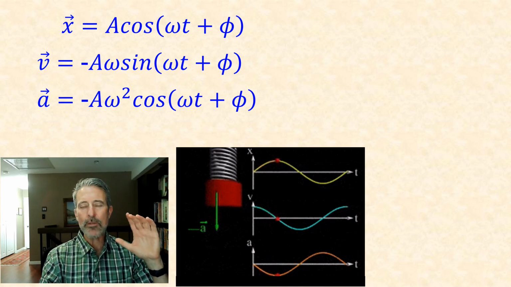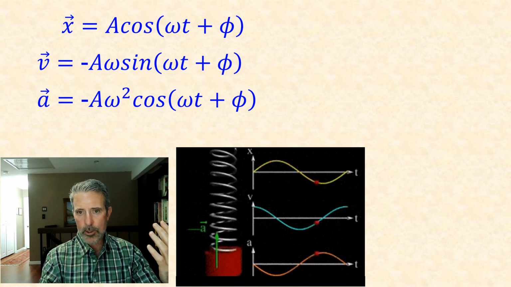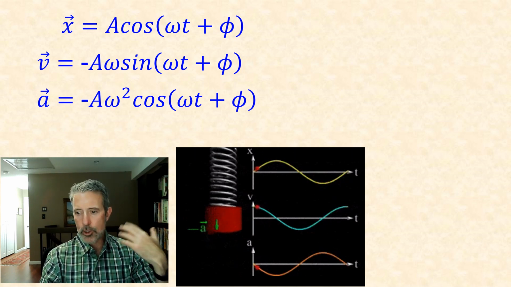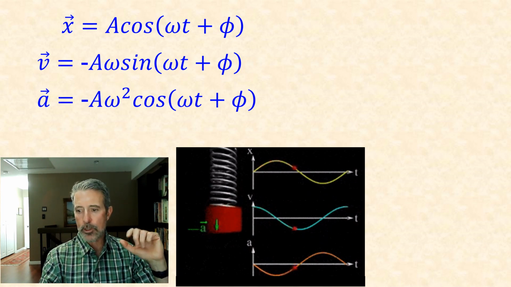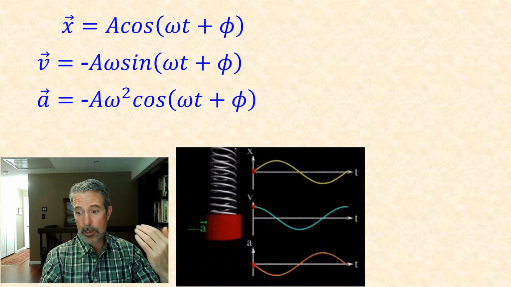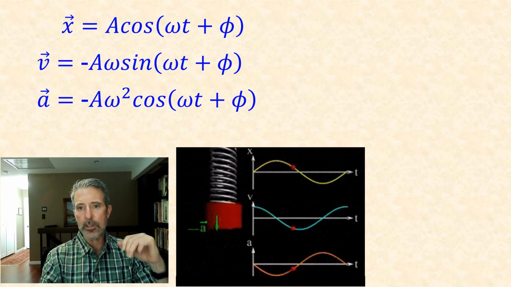Recall that this was one of the criteria to have a vibration or oscillation that we talked about in the opening slide. This is what makes an object be able to move repeatedly back and forth over the same path, when the acceleration and restoring force are opposite the direction of the displacement.